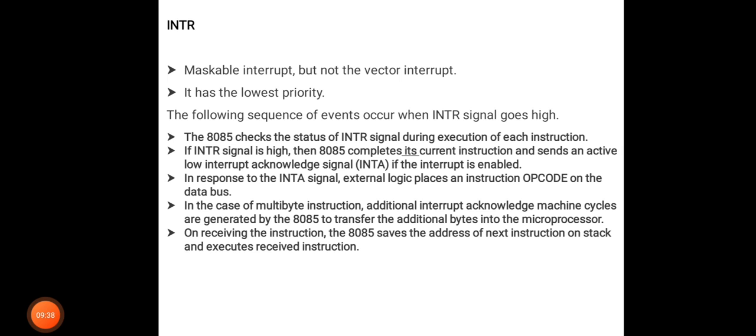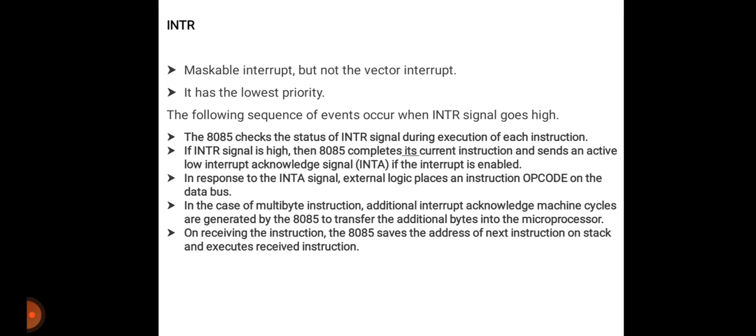The next one is the INTR interrupt. INTR is a maskable interrupt but not a vectored interrupt. It also has the lowest priority. There is a sequence of events that occurs when the INTR signal goes high.